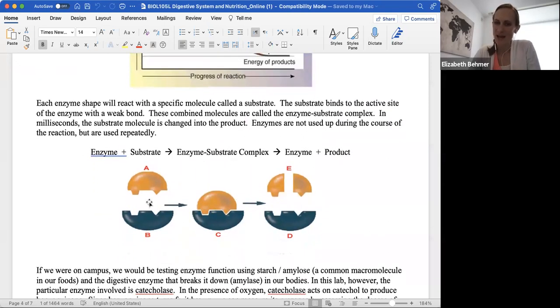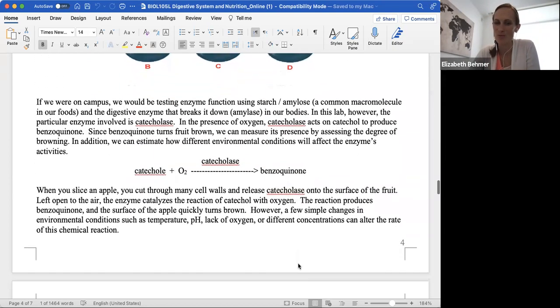And this shows a little diagram of the enzyme and the substrate, the enzyme-substrate complex. The enzyme will always be unchanged at the end, but 2 new products will form. So that's how the enzyme works, how it binds with a substrate or a molecule, and then it'll form new products at the end, but the enzyme will go unchanged.